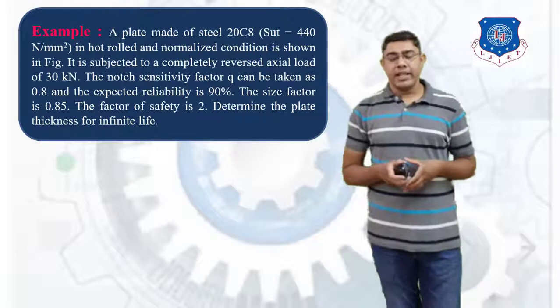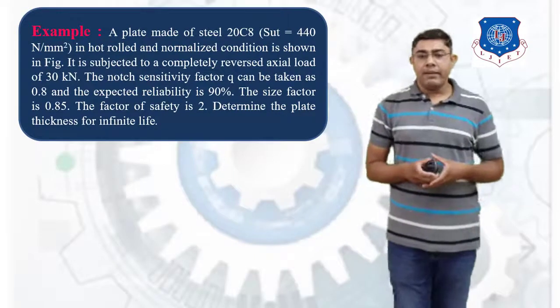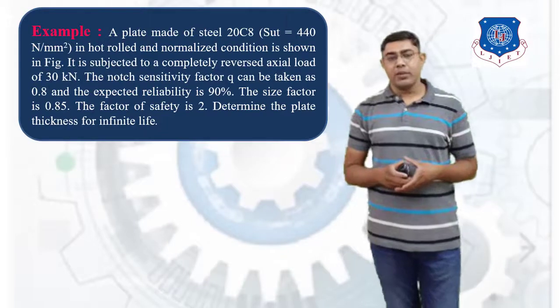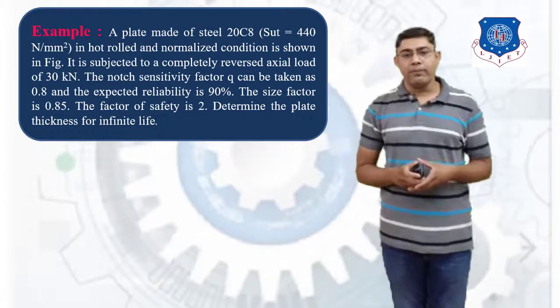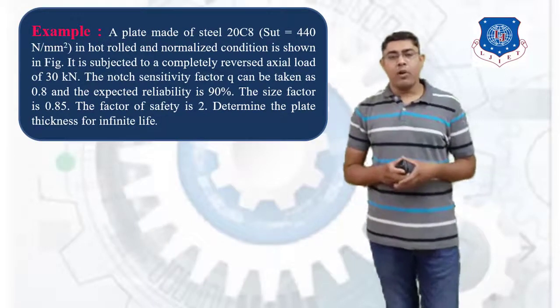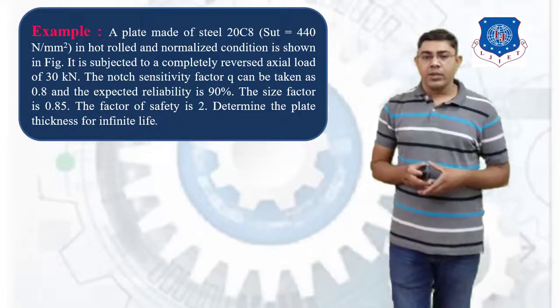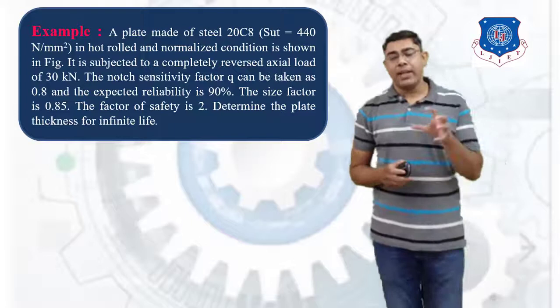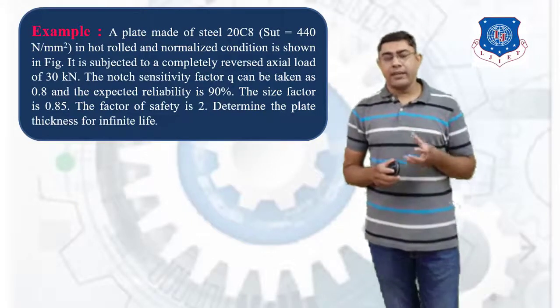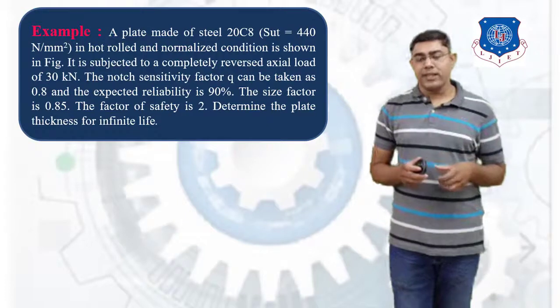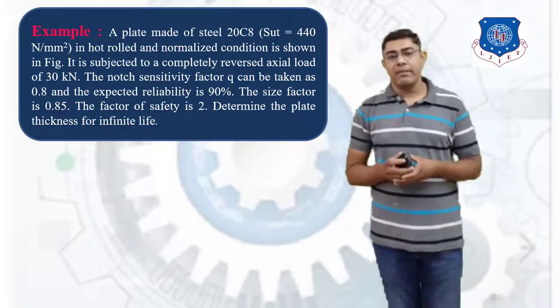So consider one example. A plate made of steel 20C8, SUT equal to 440 Newton per mm square, in hot rolled and normalized condition, is shown in the figure. Here you are given a steel plate 20C8 and the SUT value is 440 Newton per mm square.